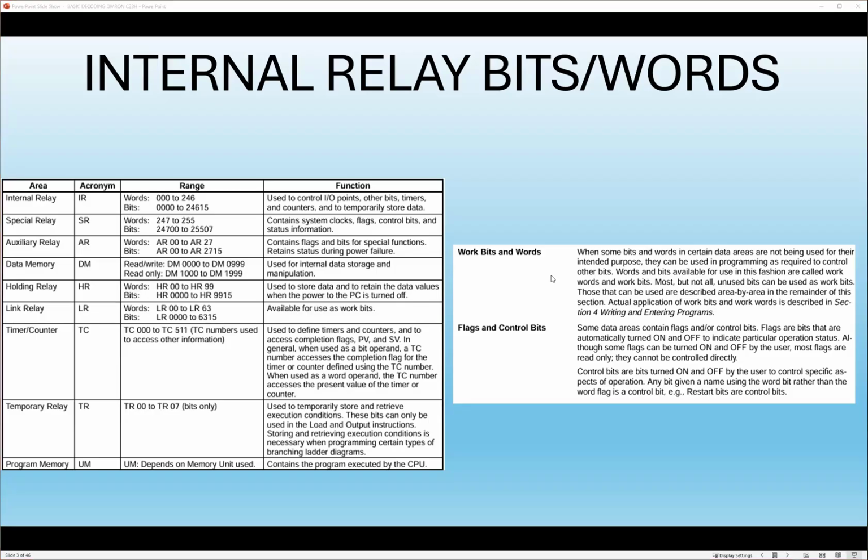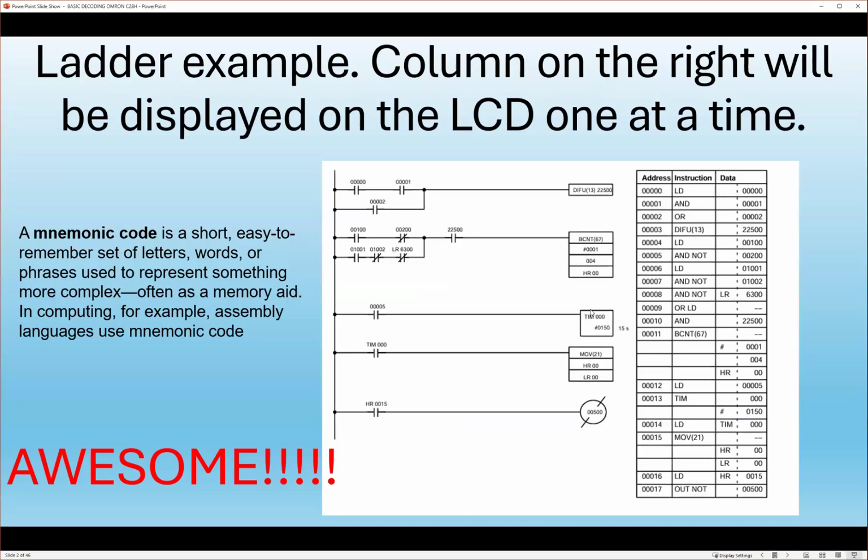So this gives you the ranges of each one of the bits and words that you're able to use, right? And what this is going over is, if we're not using them for an input or an output, they can be used internally. So if we want to fire a coil, oh, here it is. This coil 500 doesn't correspond to an output.